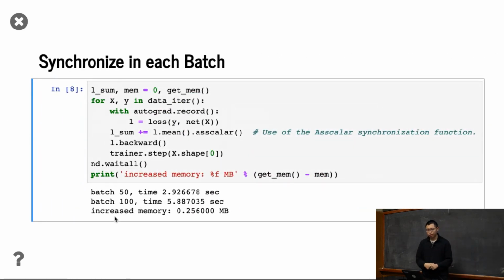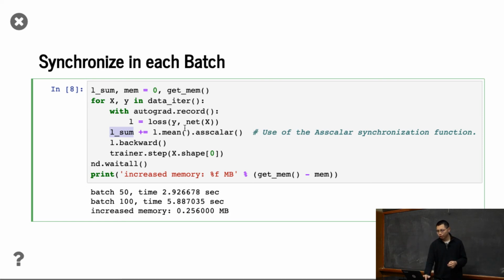OK, so here's the thing. Here's normally what we do. For every batch, we get x and y, put it under autograd, and compute the loss. Something special here: usually we compute the mean, and we add a scalar into a sum of loss. So here, we break the batch one by one.